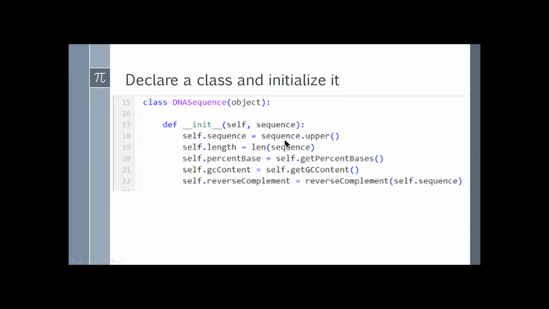So I'm actually calling upper on that. And self is just the variable in the class. Yeah, it's a method, or it's an attribute of the class.